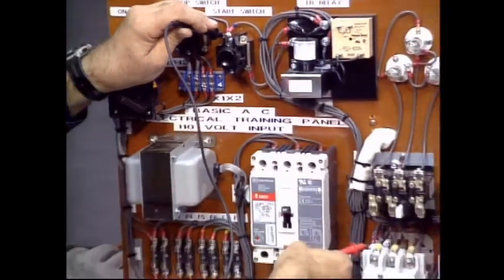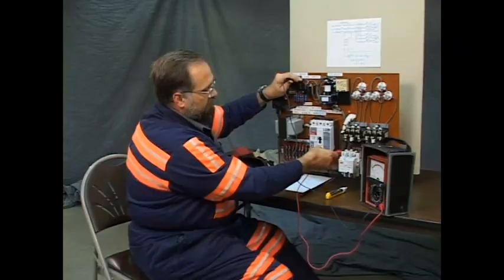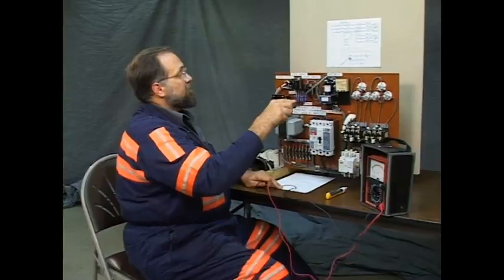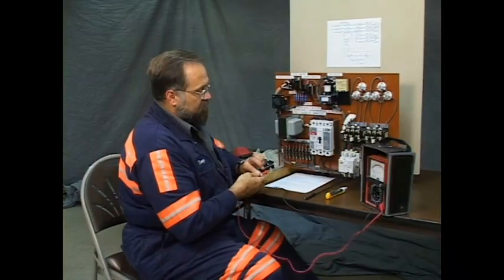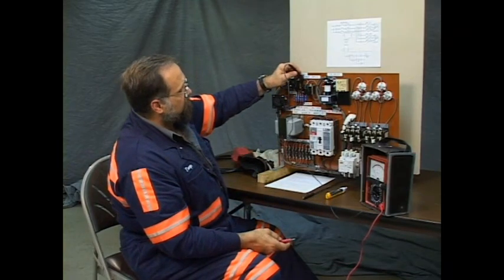And wow, neither of the terminals on the A auxiliary show a circuit. Now, according to the drawing, I should have a circuit there from 3 to the A auxiliary. Well, let me check this meter again. Make sure it's good. Yep, it's good.